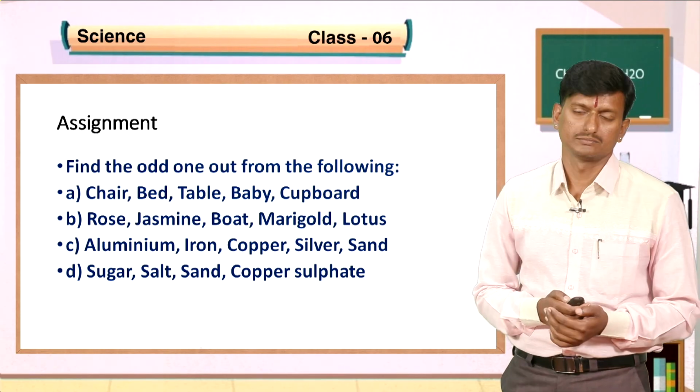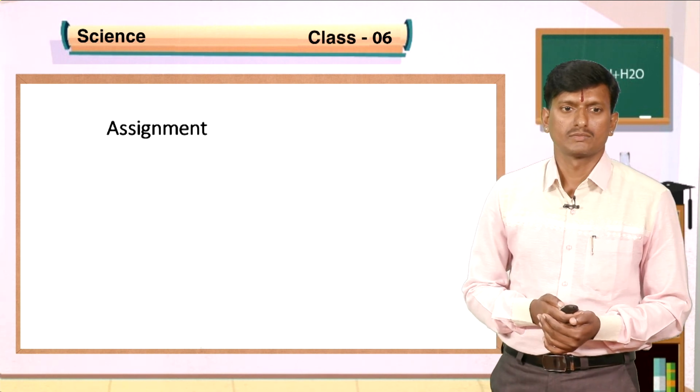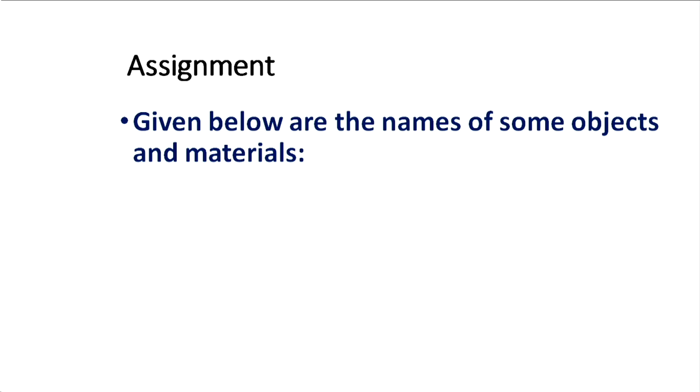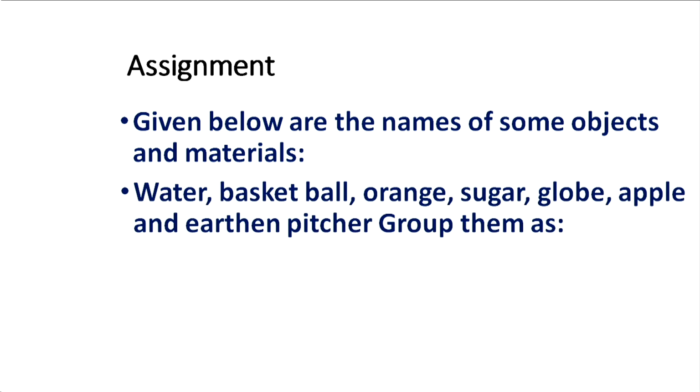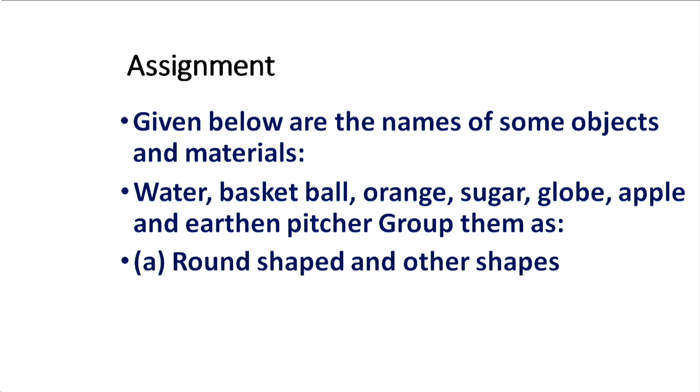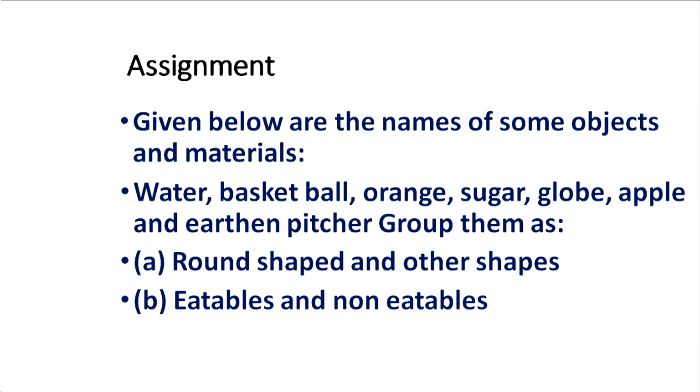Just pick out the odd one. Next, given below are the names of some objects and materials, that is water, basketball, orange, sugar, globe, apple and earthen pitcher. Group them as, first one, round shaped and other shapes. Next, eatable and non-eatables.